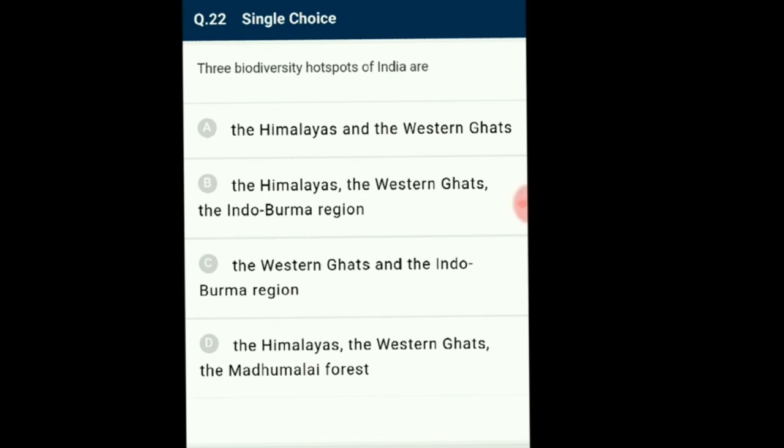Three of these hotspots, Western Ghats, Indo-Burma, and Himalaya, cover our country's exceptionally high biodiversity regions. So the answer for this question is Himalayas, Western Ghats, and Indo-Burma regions are the three biodiversity hotspots of India. So the correct option is B.